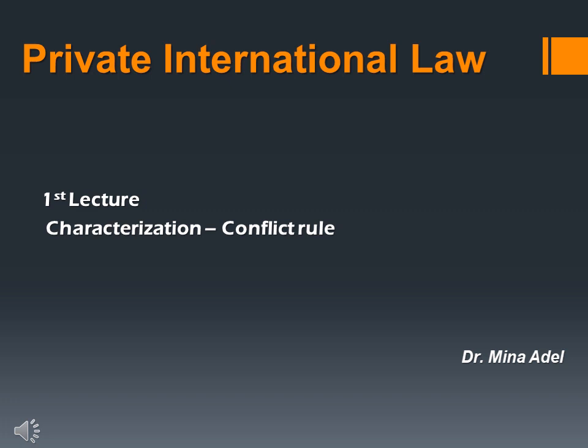As you know, our conflict of laws mechanism is step by step, and the first step, or the gate of conflict of laws, is the foreign element. Once we have the foreign element, we will operate the characterization, and the primary characterization will help us to find the conflict rule.